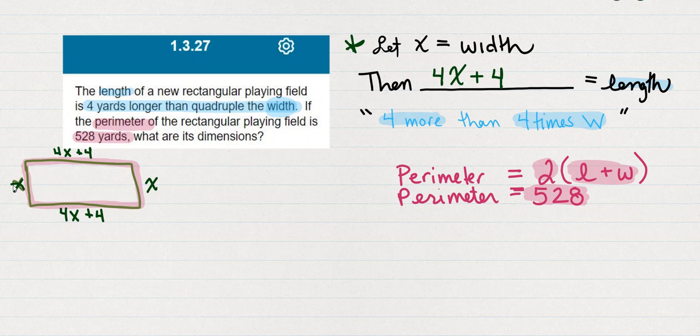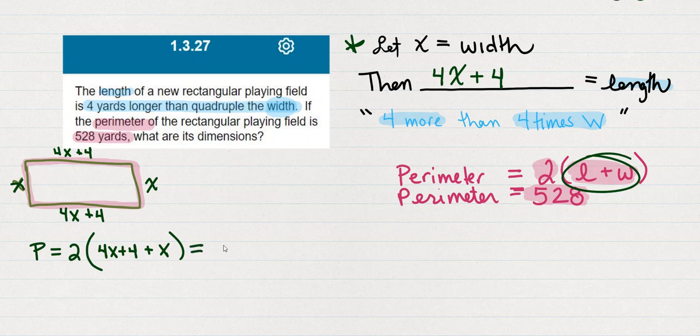Other students might find it easier to combine it once, and say the perimeter is twice the length plus the width. If I simplify this, I get twice 5x plus 4, combining like terms.